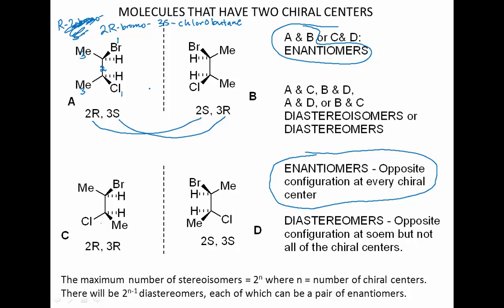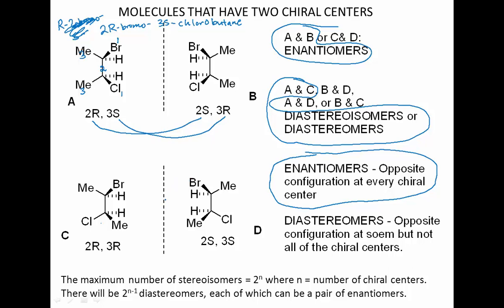A and C are a different type of stereoisomer. These are called diastereomers, or diastereoisomers, which I guess is the official term, but it's too many syllables, so most people shorten it to diastereomers.